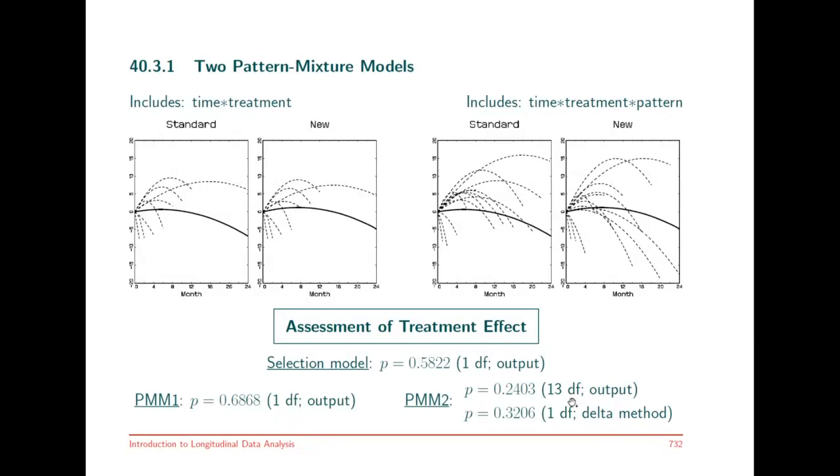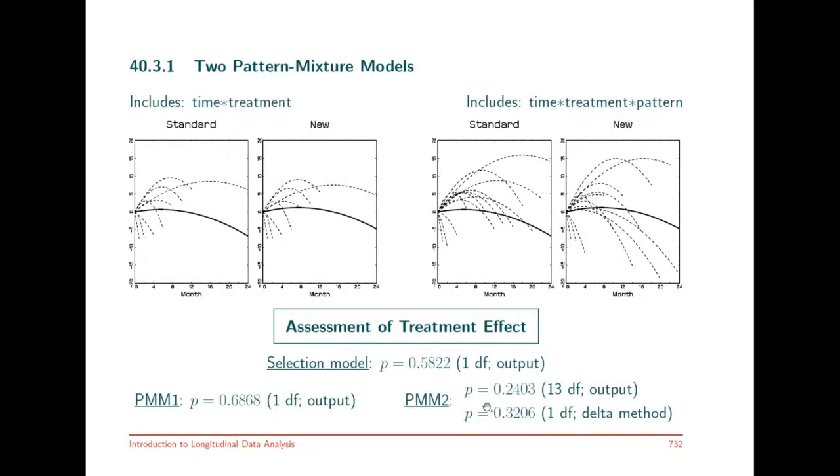In this case, there would be 13, and then you need to do a test on all those 13 parameters together. Or what you can also do is, with 13 treatment effects, average the treatment effects, for example, averaged by the sample size in every pattern, and look at the weighted treatment effect.